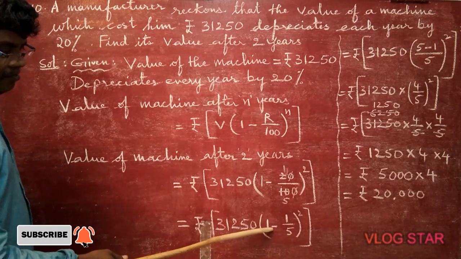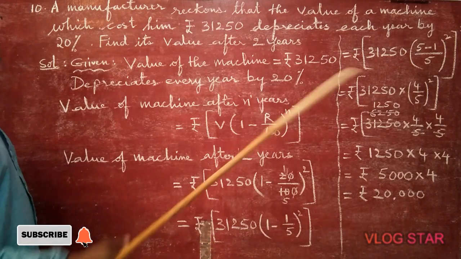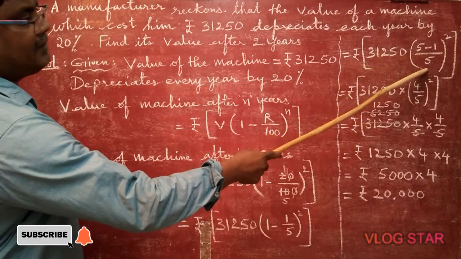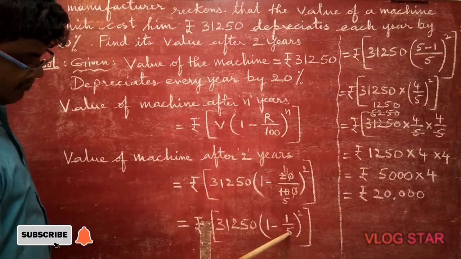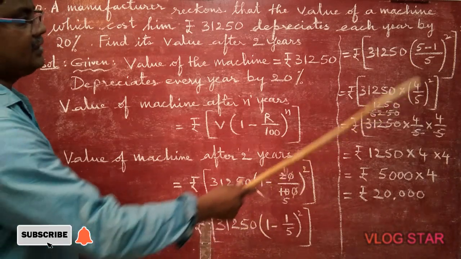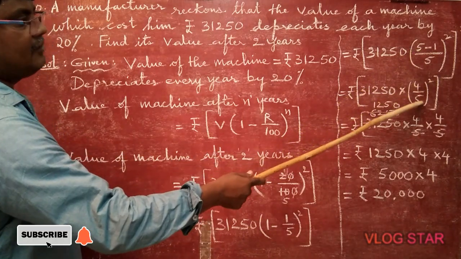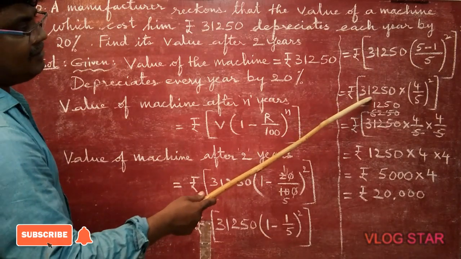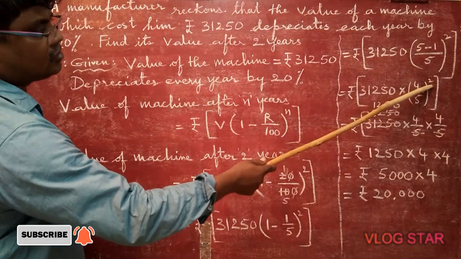A fraction came, so for subtraction we have to take the LCM again. So rupees 31,250 into 5 is the LCM, 1 five is 5, 5 minus 1, how much? 4 by 5. Here whole square is there, don't forget. So rupees 31,250 into 4 by 5 whole square.